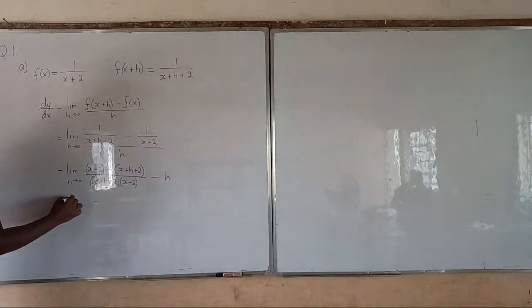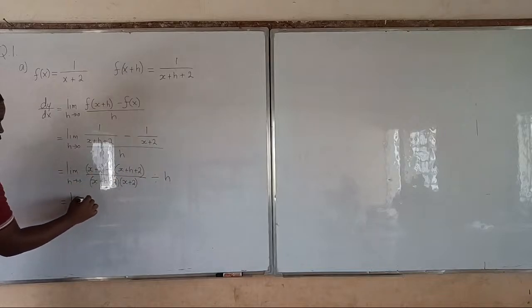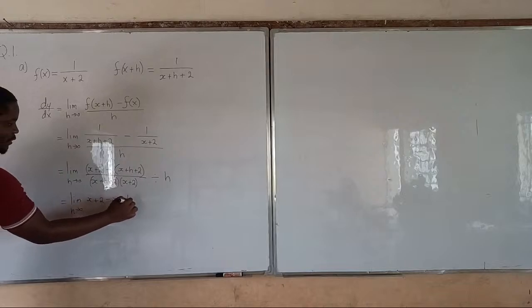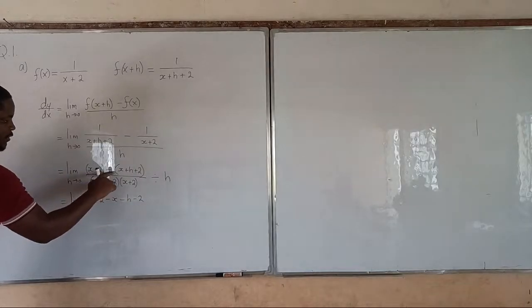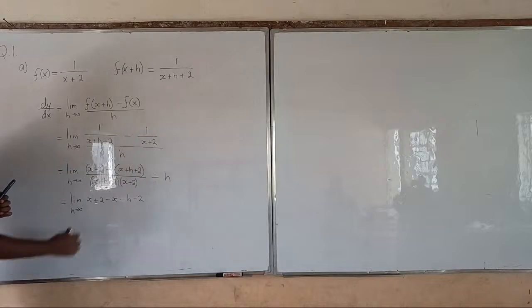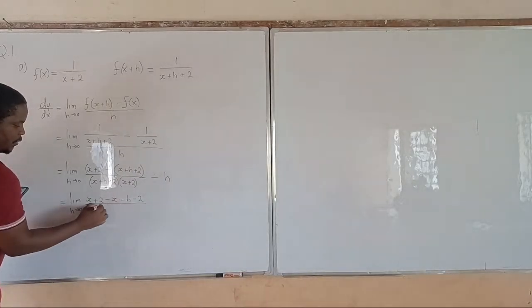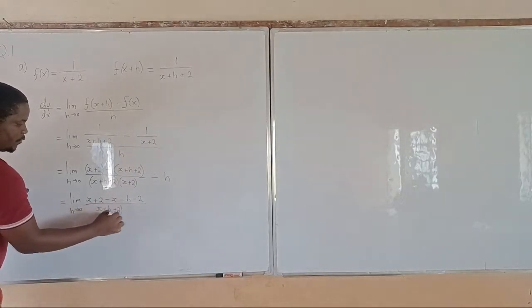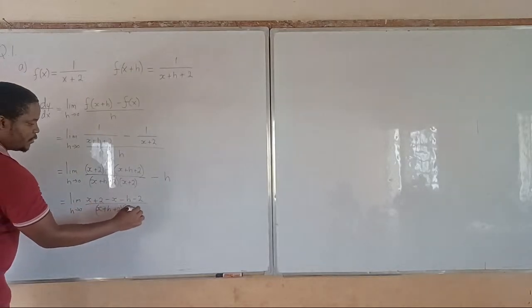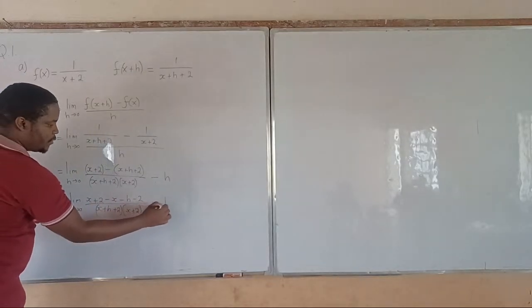So now in the numerator, let's open the bracket. The limit as h approaches 0. We'll have x plus 2 minus x minus h minus 2. This negative multiplies everything. Now the whole thing is divided by x plus h plus 2 in brackets, x plus 2, multiplied by the reciprocal.